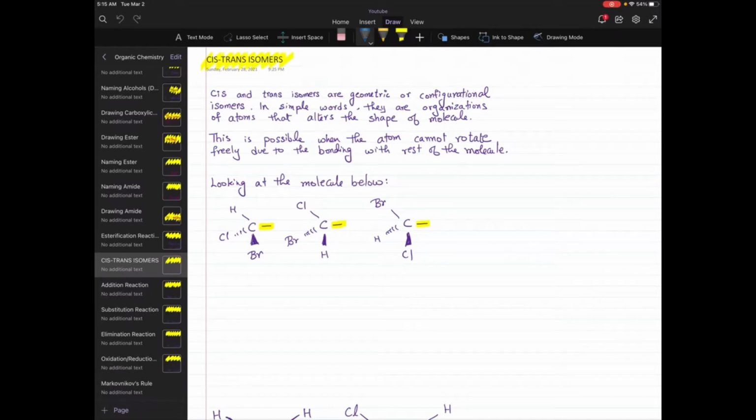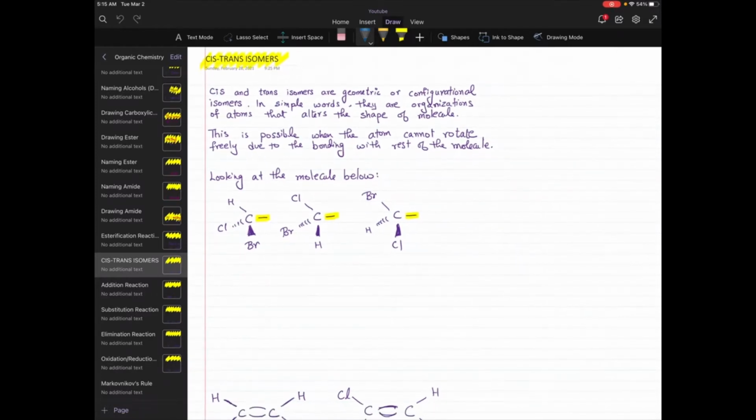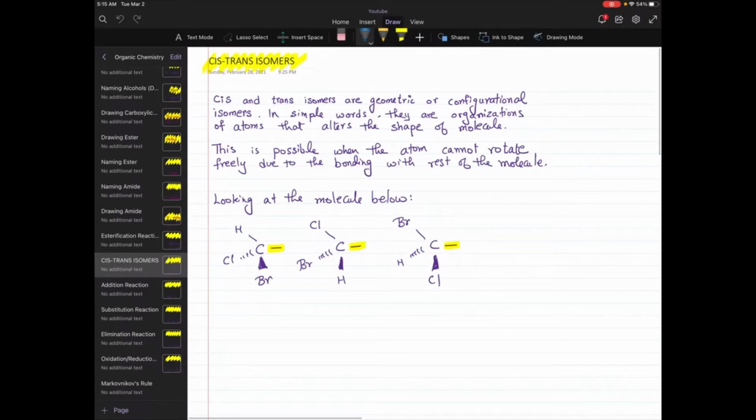Because we are not living in a 2D world, we exist in a 3D world, when a carbon attaches to 4 items, it is not to the left, right, top, and bottom. It's actually more of a tetrahedral structure where we have one on the top and one on the side, one behind, and one coming forward, right? So it's not up, down, left, and right.